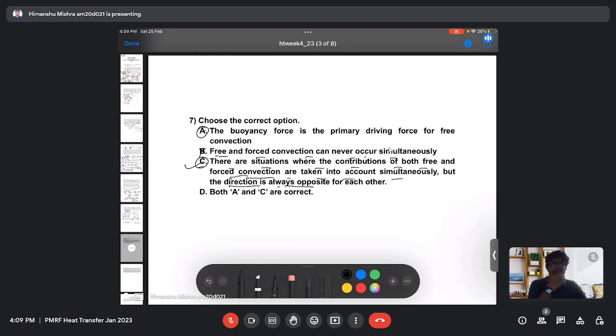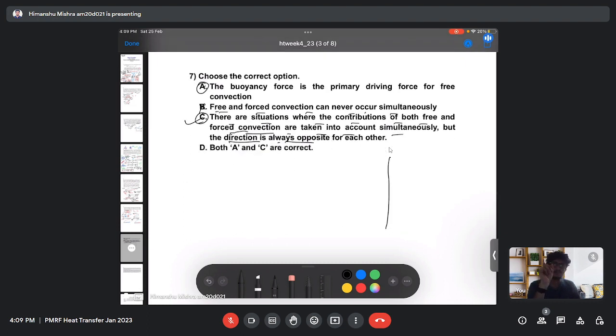For free convection, there is always a predefined direction, and the direction is where the density of air is changing. If the density of the upper part increases, it becomes heavy, it will come down and replace the light fluid parcel. So my free convection will always have a direction which is upside.